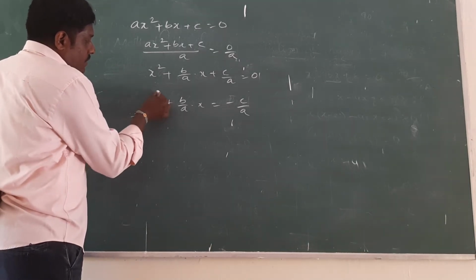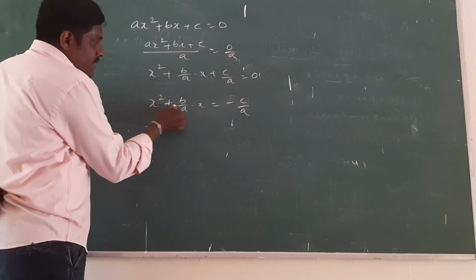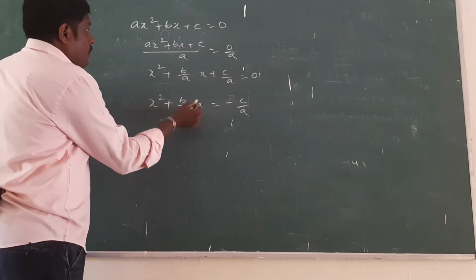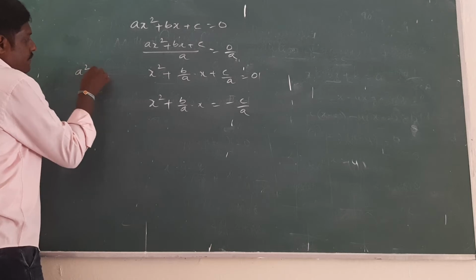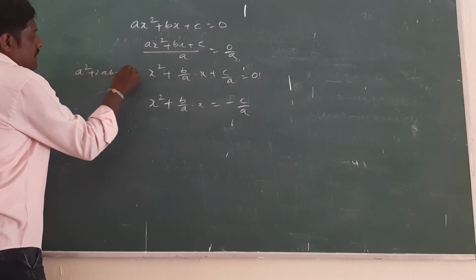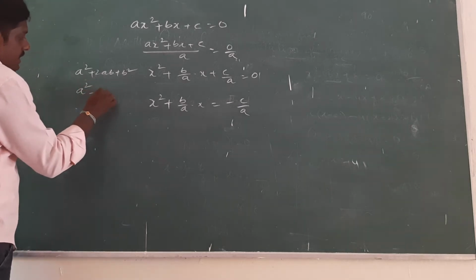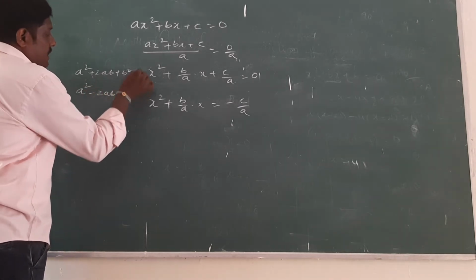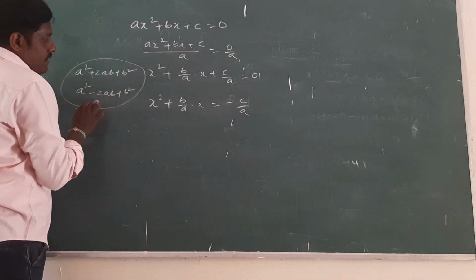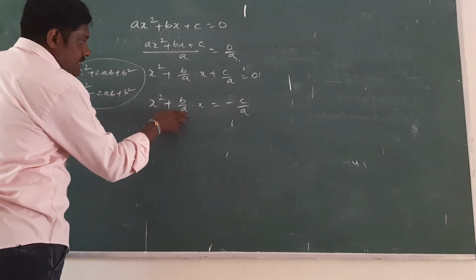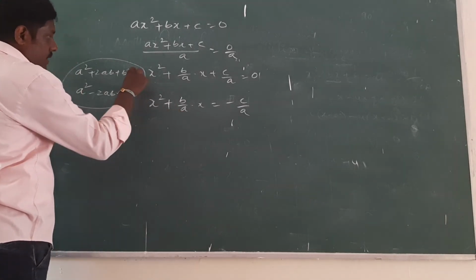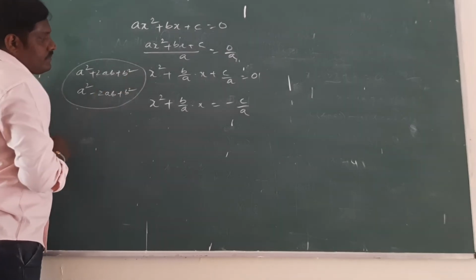Now this is in the form of a square plus bx. We have a square plus 2ab plus b square is the perfect square. Otherwise a square minus 2ab plus b square is also a perfect square. So we should convert the LHS in this form.